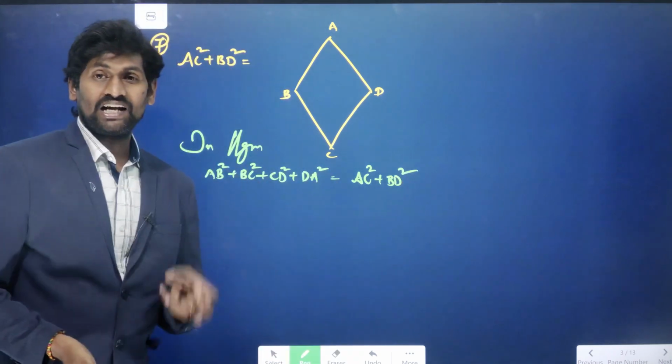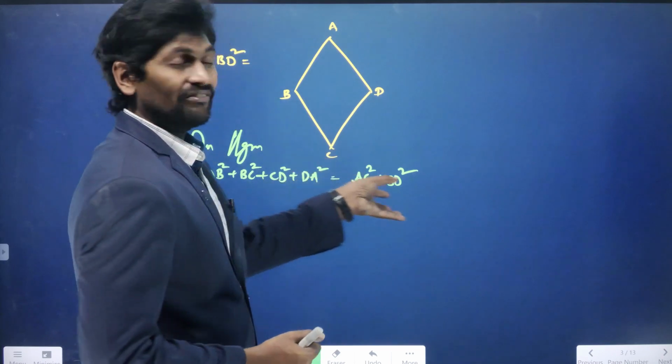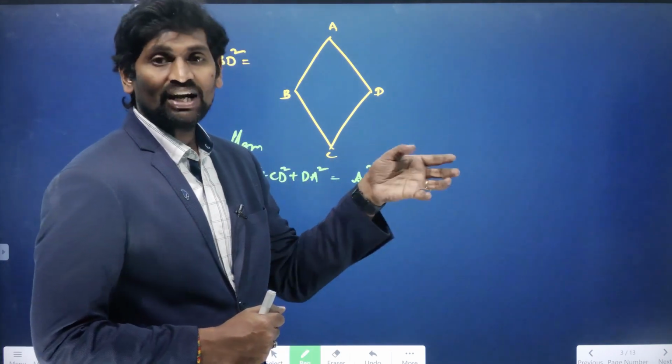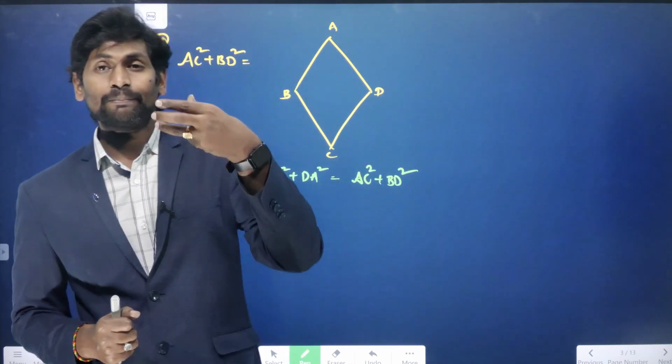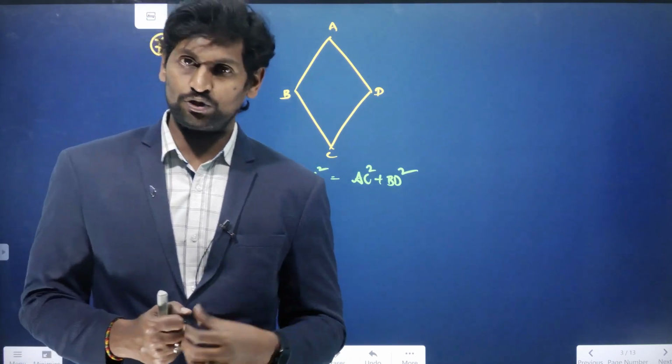And we know that a rhombus is one of the parallelograms, because a rhombus follows all the properties of a parallelogram, as we discussed in the 8th class Understanding Quadrilaterals topic.